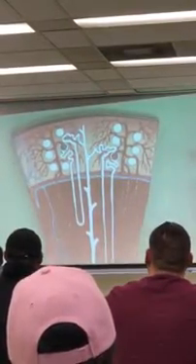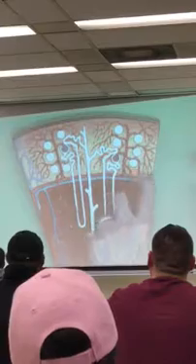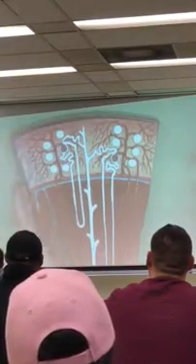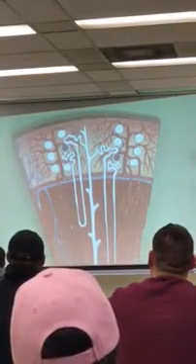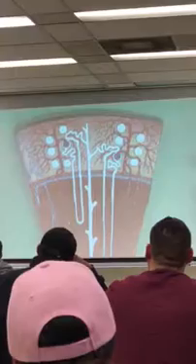So now when we look at this vessel, right along the side here would be an interlobar and the arcuate artery. Okay. Above that would be the cortex, below that would be the medulla. So then up in the cortex we have the interlobular artery again.